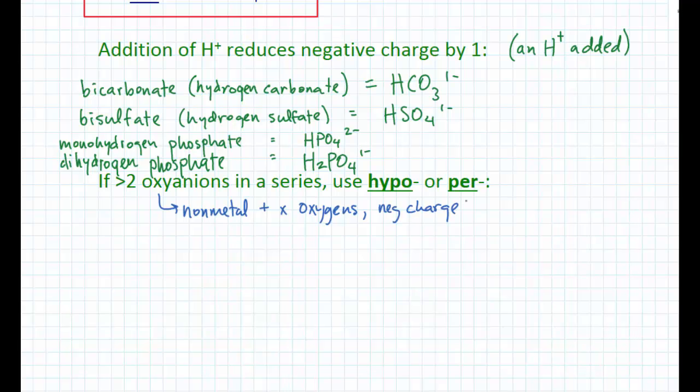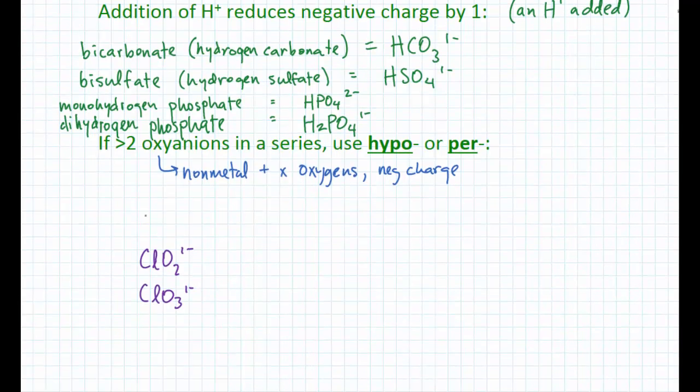Most of our lists there are oxyanions, with the exception of ammonium. That one's plus. But if we have more than 2 oxyanions in a series, like I showed you ClO2 and ClO3, it turns out there's more of the chlorine ones. There's just regular ClO, and then there's ClO4.